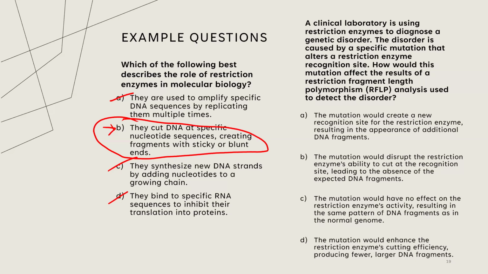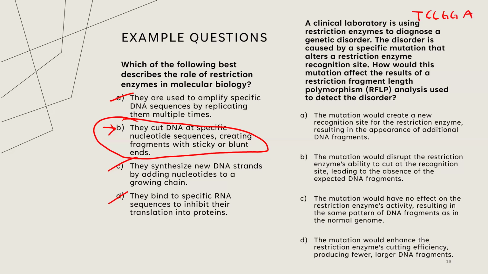All right, the next question for this one: a clinical laboratory is using restriction enzymes to diagnose a genetic disorder. The disorder is caused by a specific mutation that alters a restriction enzyme recognition site. So we have introduced that. So when we had before our palindromic sequence, TCC, GGA, it's going to read the same thing on the other side.